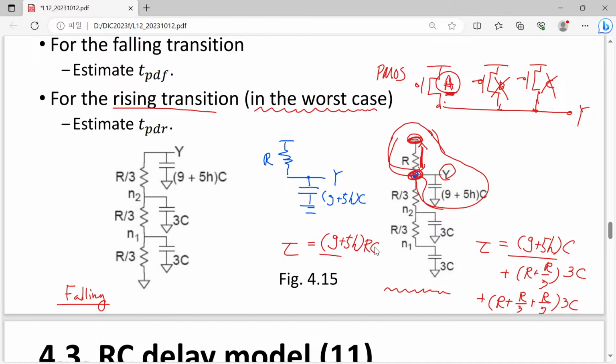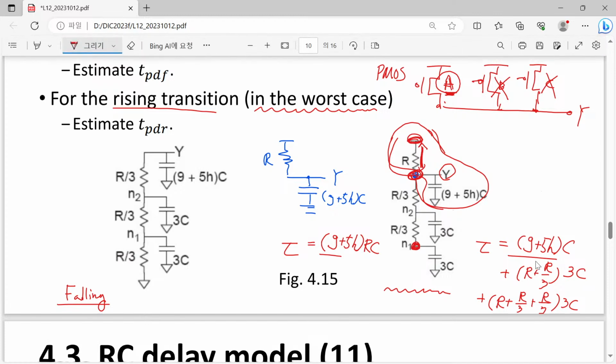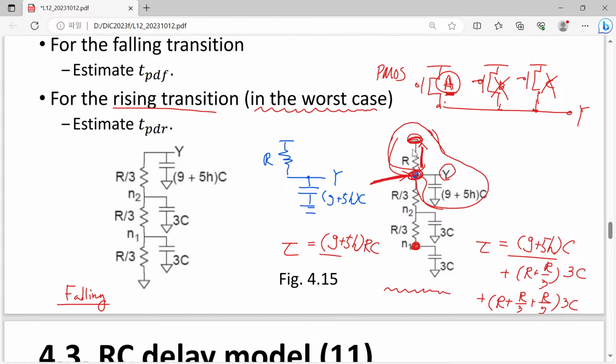If you consider the transition time for this node, for example, then obviously you must consider all of these quantities. However, in this approximation, if you are interested in this node, then you should consider only the path between your voltage source and your capacitor.